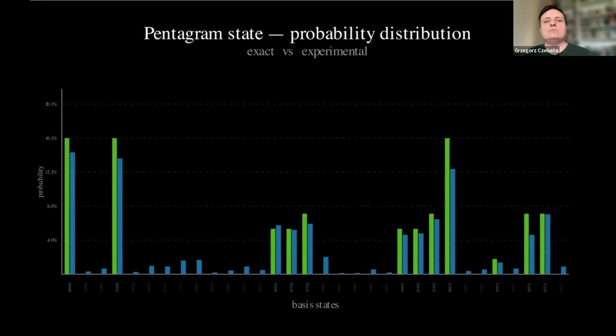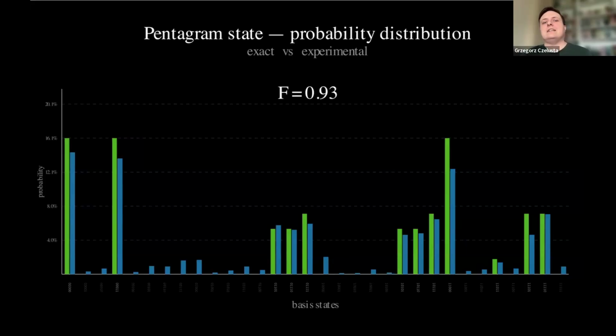Blue bars correspond to experimentally obtained probabilities. This was just a simple test that I performed yesterday. There is no error mitigation, no additional optimization, so there is room for improvement. But still, in the simplest setup, the fidelity between the obtained distribution and the theoretical distribution is around 93%.